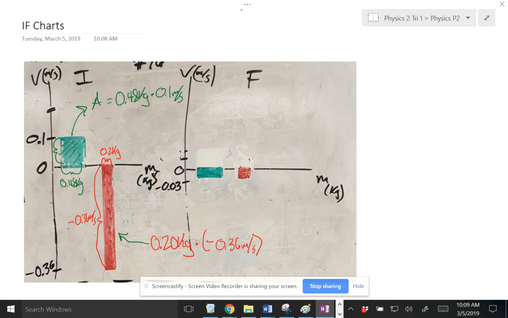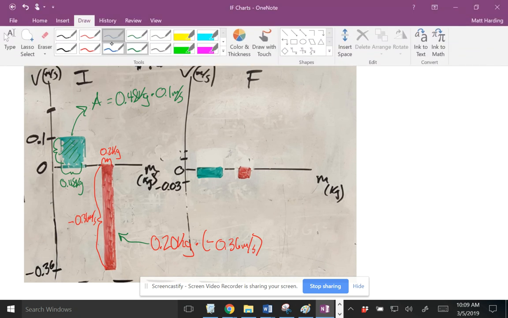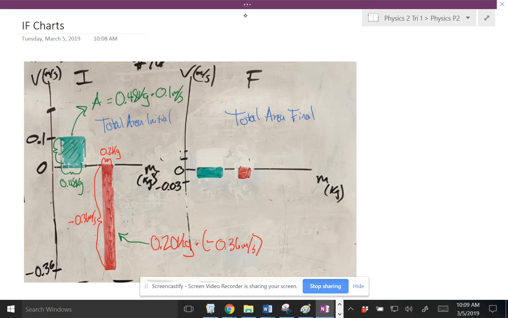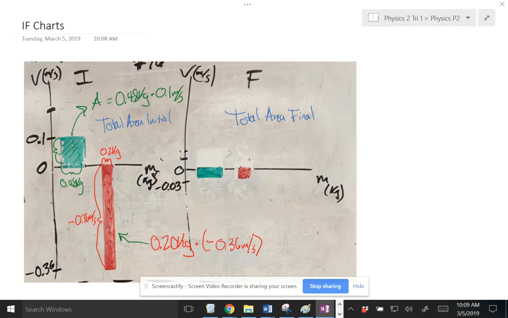What I'm angling for in the end is I want you to figure out a couple of additional pieces of information. Total area initial, total area final. The other thing I want you to do is for the red, do the final red minus the initial red.